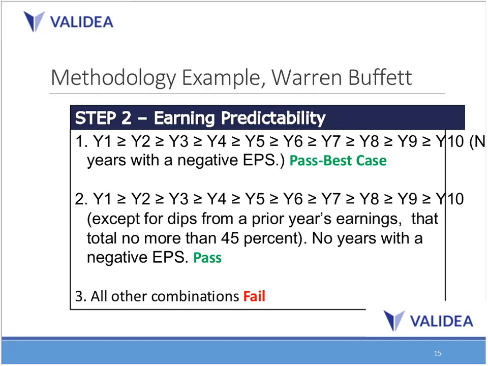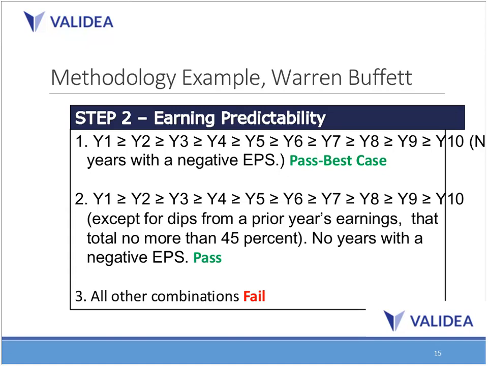Now, he has a couple of exceptions based upon companies he's actually bought, and that is he has allowed for dips from prior year's earnings where over a 10-year period of time it's totaled no more than 45%. So if 9 years ago it dropped by 25%, then went on to set new highs, and then a few years ago it dropped by another 25%, and then it's gone on to set new highs, that would actually disqualify the company.